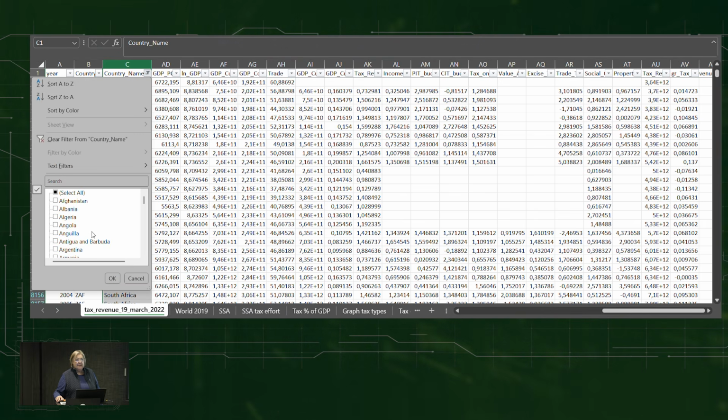Can you see there's all these countries? See if you can open this little box, because I want you to select your own country. Tell me if you've been able to do it, because we have the same spreadsheet. This is the World Bank country data. Do you see your country there?